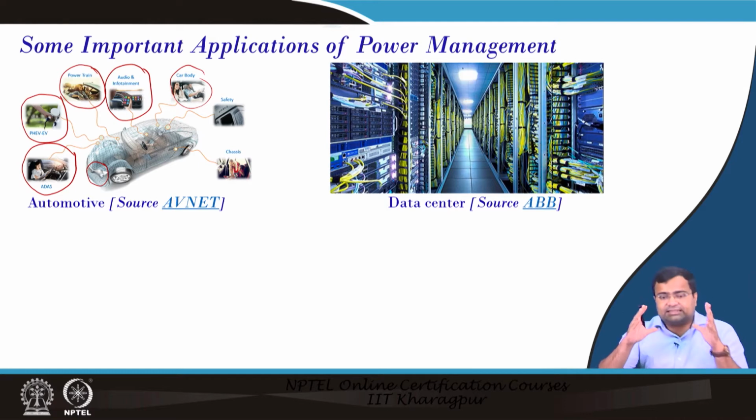Another example is the data center, where now everything is like a cloud server. That means we are accessing most of the computational facility where the actual computational loads are sitting somewhere else in the distance. Here in the data center, even the server, talking about the Google server standard, has 48 volt direct POL.